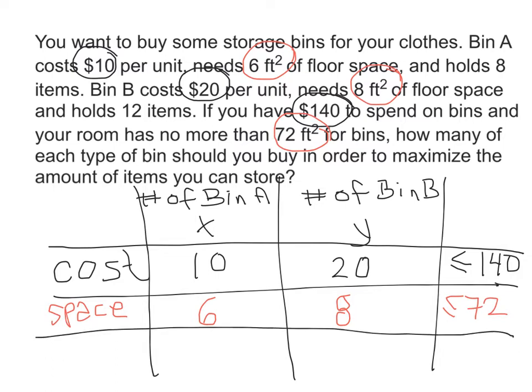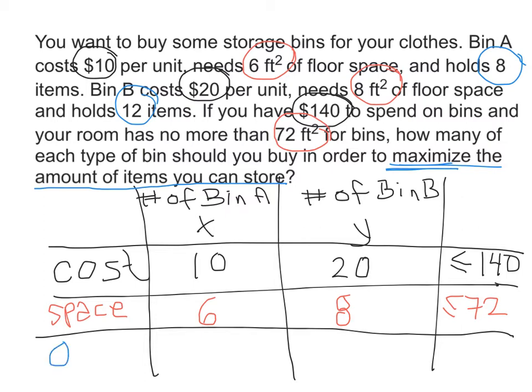The last piece of information that I see here is about how much each bin can hold. Bin A holds 8 items, bin B holds 12 items. And if I keep reading, what I find is that the last sentence tells me I'm trying to maximize the amount of items. That keyword maximize tells me that this information about number of items is the thing that I'm trying to optimize.